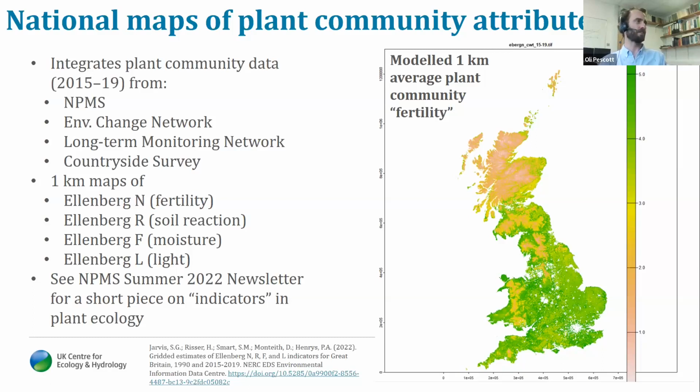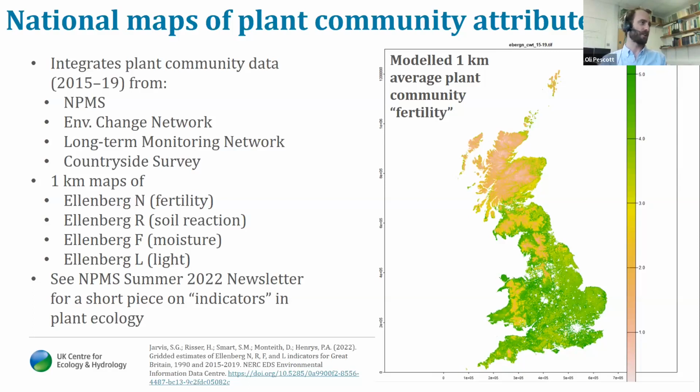So it's a general measure of fertility. And with all that NPMS species abundance data, these researchers were able to create a national map of plant community fertility by integrating all of those data sources and using that abundance information associated with those species traits. And it's great to see that these maps are openly available as well for researchers to use.